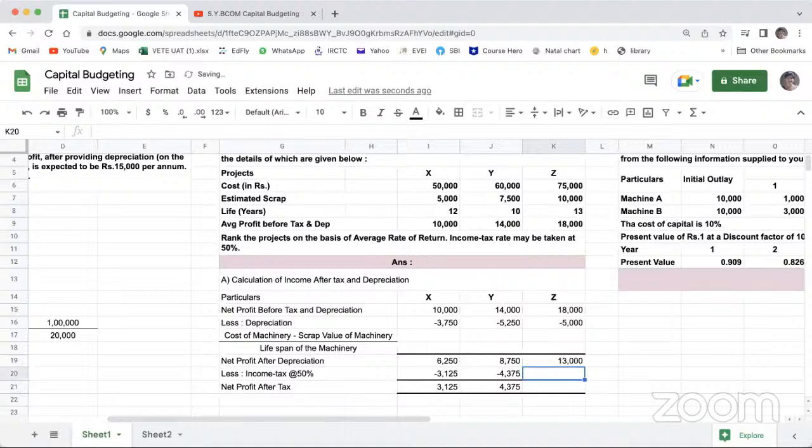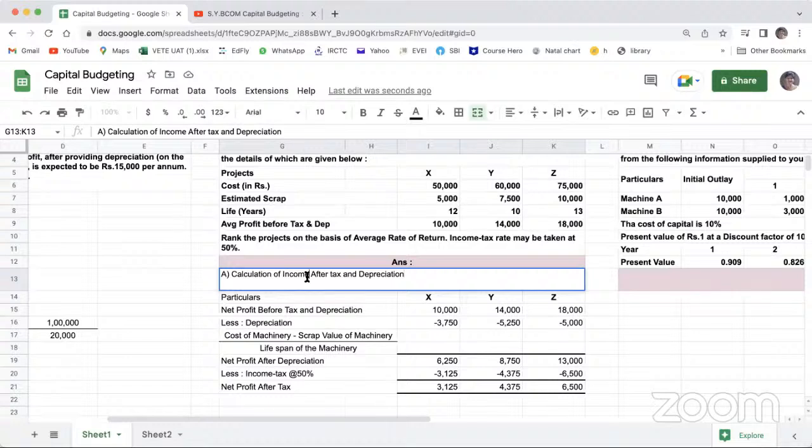Okay. 13,000 के ऊपर income tax calculate करो. How much is it? 50% of 13,000. Yes, it is 6,500. So balance भी कितना बचेगा? 6,500. So here we have done the first step of our answer, which is calculation of income, or you can call it profit after tax and depreciation.